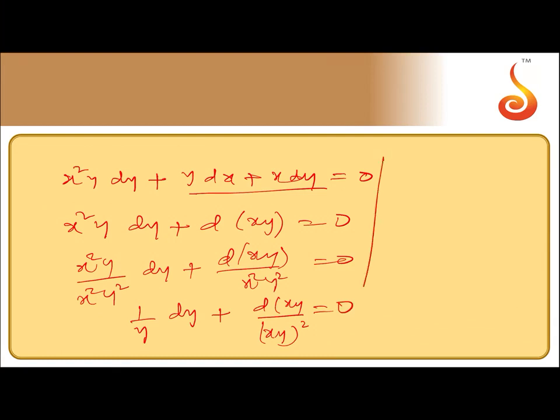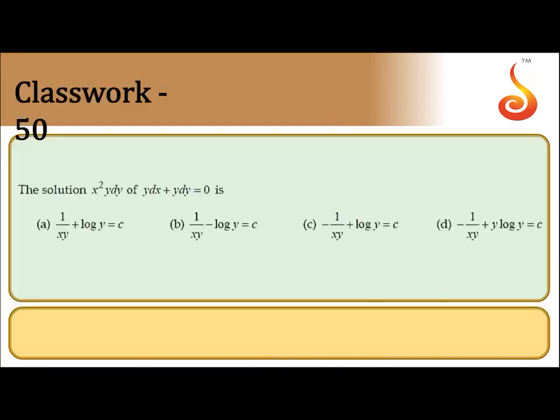And therefore, integrating both sides, we get integral 1 by y dy plus integral of 1 by xy whole square into d(xy) is equal to a constant. So this is log y minus 1 by xy is equal to a constant. So the answer is log y minus 1 by xy plus c. Yes, the answer is option B or C. Minus 1 by xy, you can change the sign.